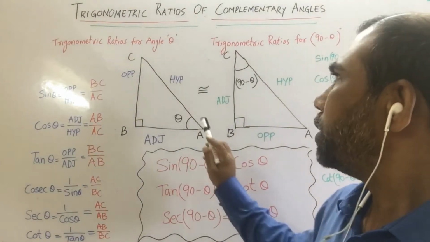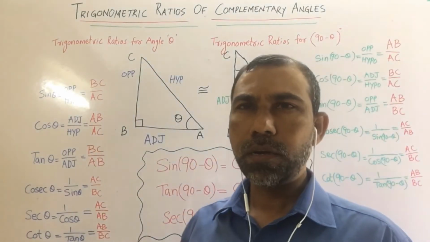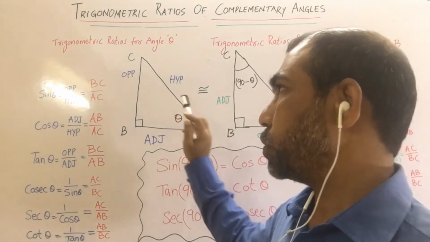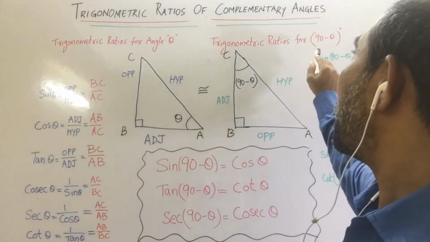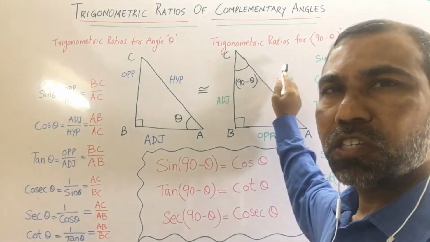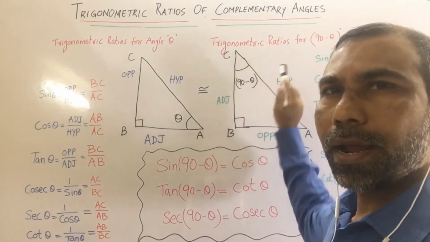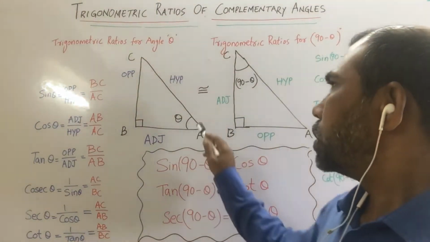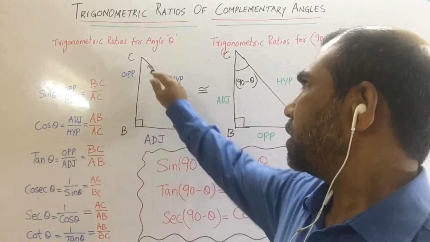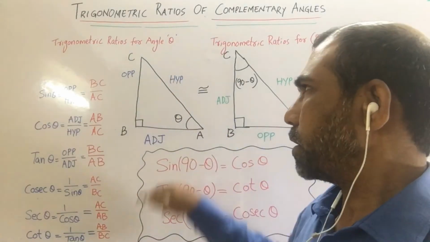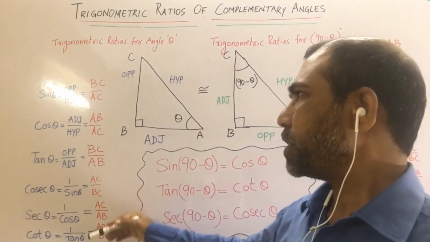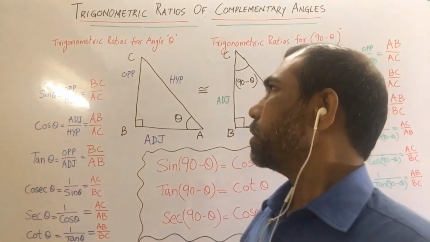So, now we are going to find the different trigonometric ratios for the angle 90 minus theta, that is the complementary angle. Angle A and angle C are complementary to each other. Let us see the basic trigonometric functions first.